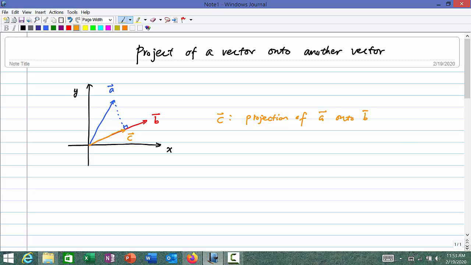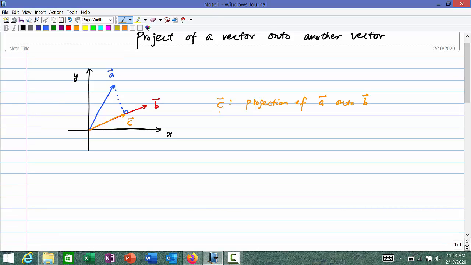To compute this C as a projected vector, we have to know two things. First, what is the length of C? Second, what is the unit vector of C?